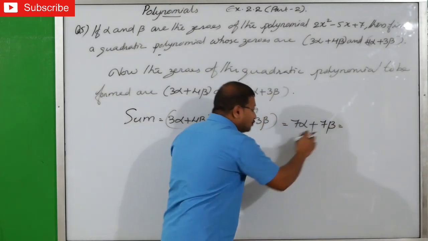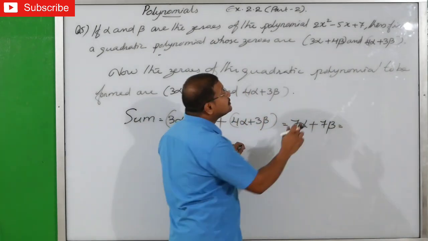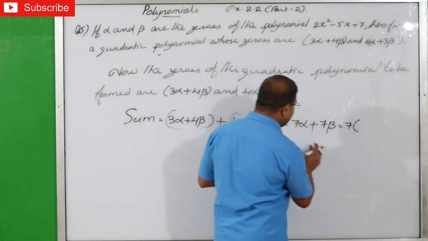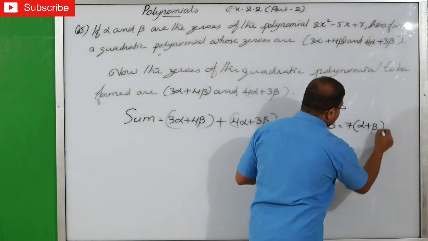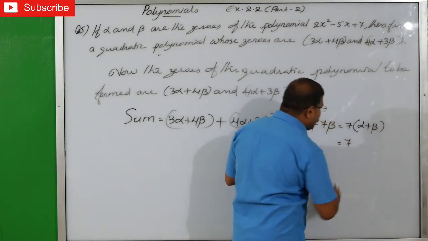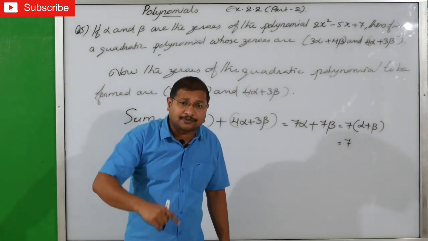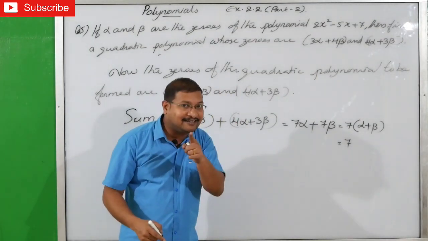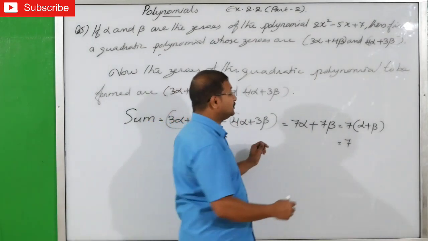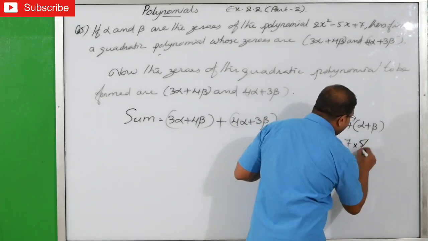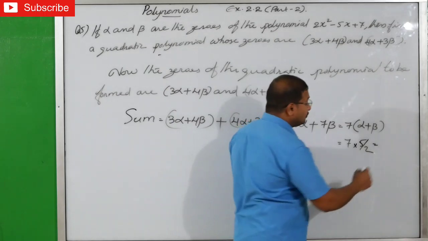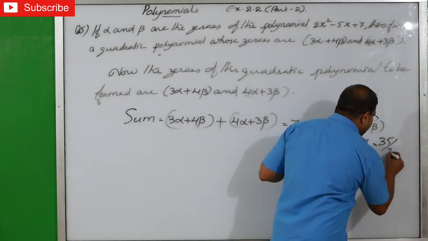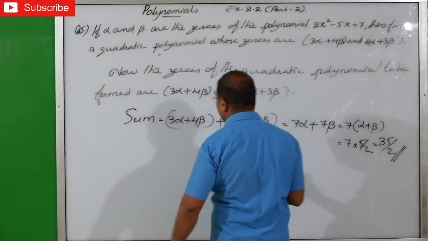Now from these two, we can take 7 common: 7 bracket alpha plus beta equals 7 into, what is the value of alpha plus beta? Just before we got 5 by 2. Yes, into 5 by 2. So this equals 7 5s are 35 divided by 2. This is the sum of the zeros.